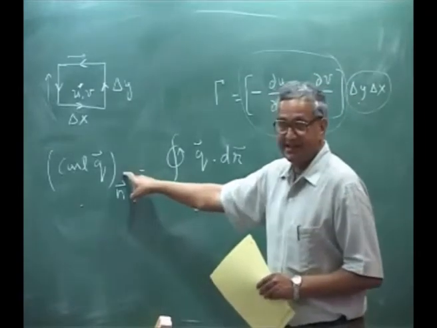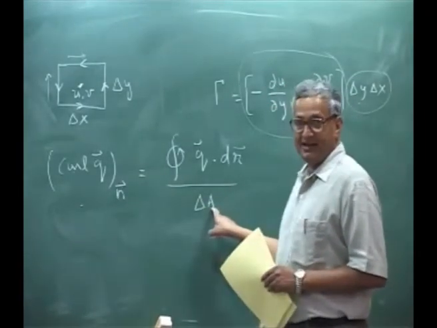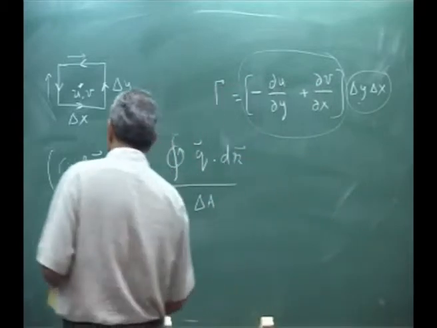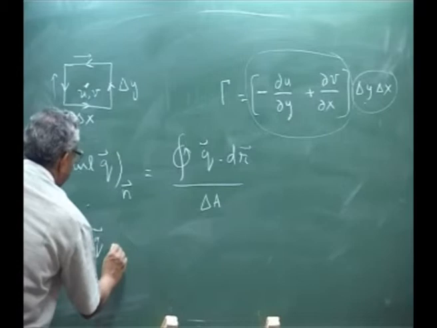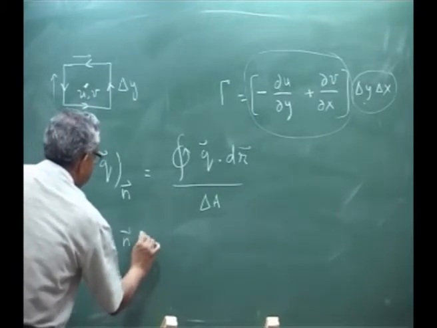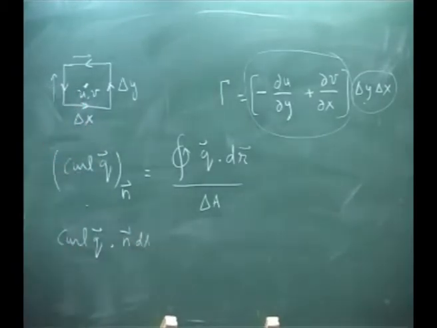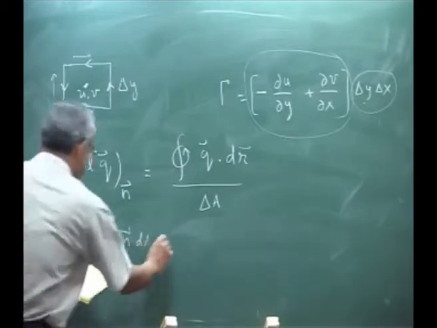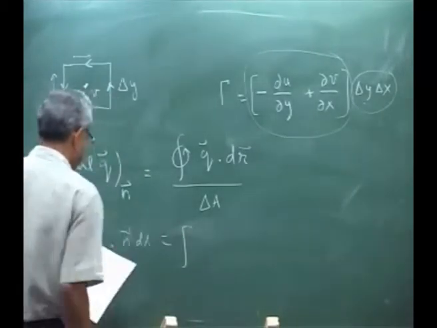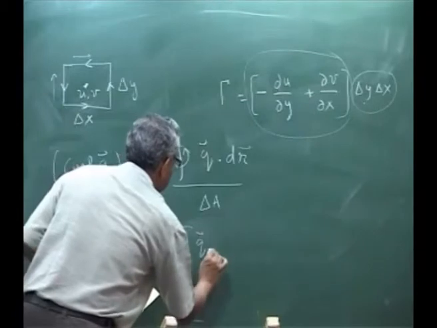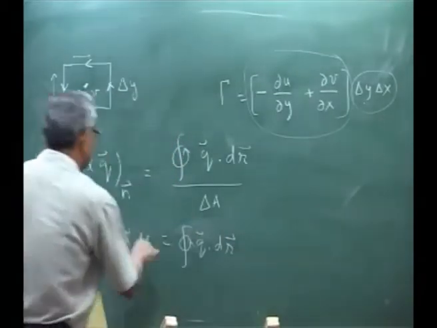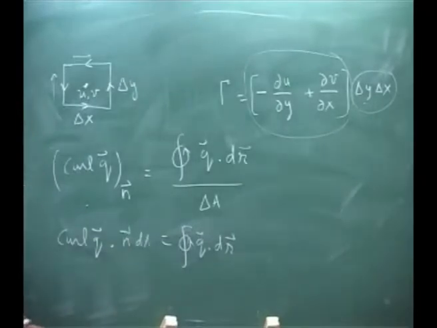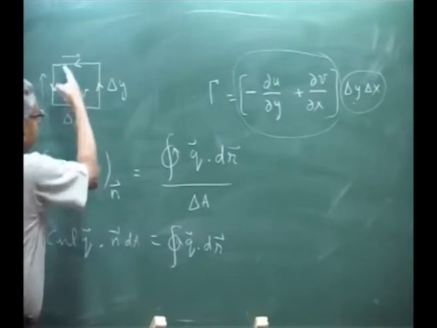This delta a I can take here and take it as a normal. So this will become curl q dot n delta a. Okay, this is nothing but the integral of q dot dr over that small part.